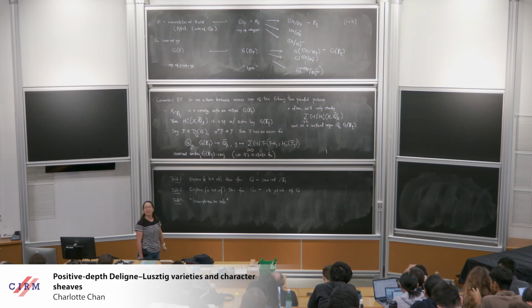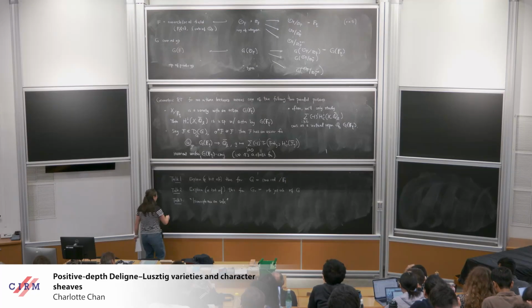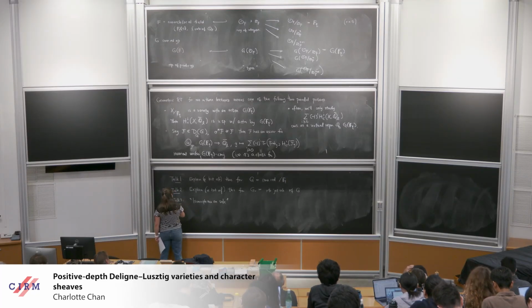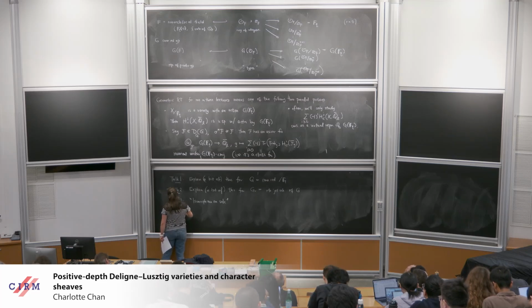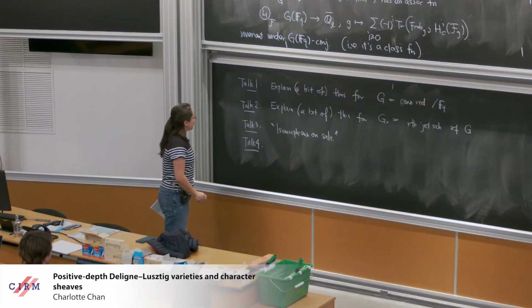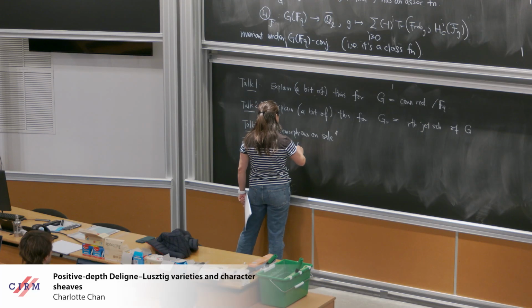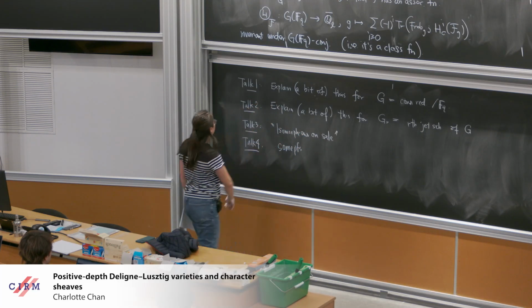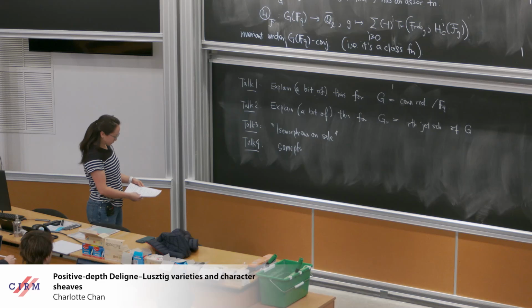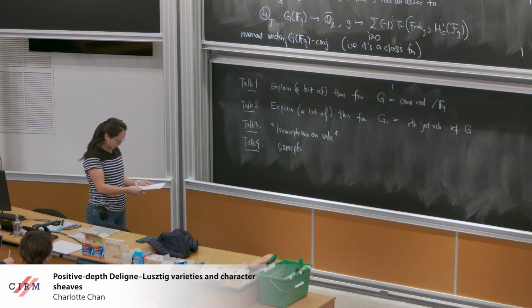You only need to pay a small amount of the character. This will be very fun, and I think it's good for Wednesday. And then in talk number 4, I will give some proofs of some of the things that I will talk about in talk 2. Okay, great.